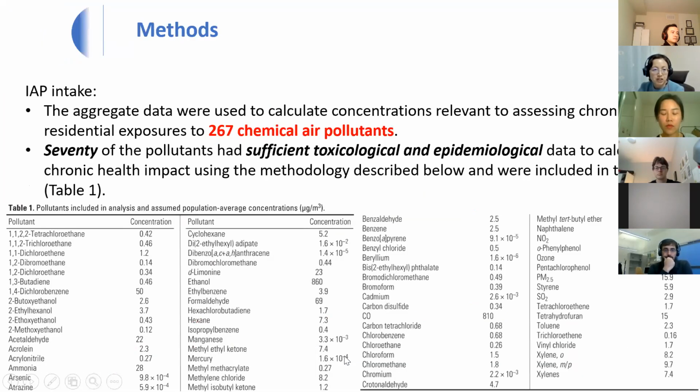The structure is that they include 267 chemical air pollutants. This is a list of all the chemical compounds they analyzed in their study. And 70 of the pollutants already have sufficient toxicological and epidemiological data.